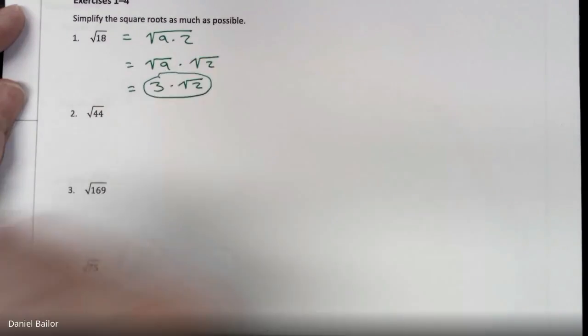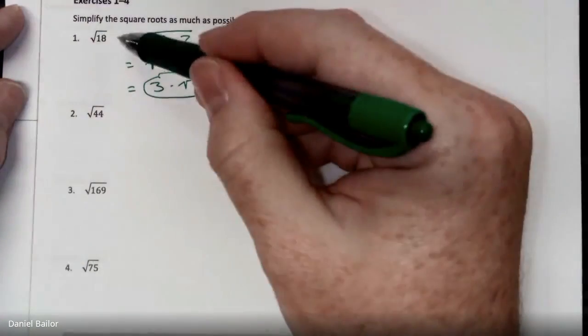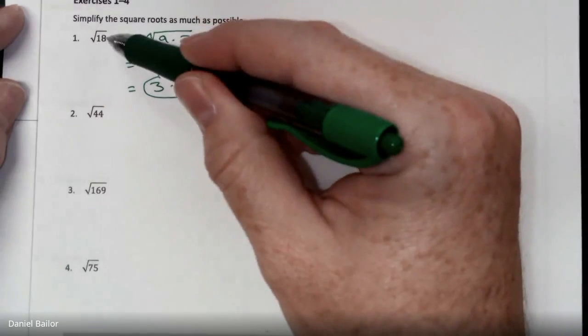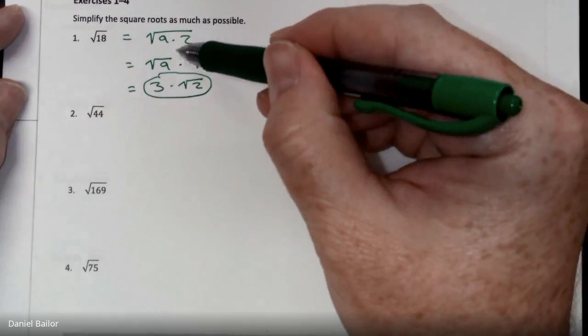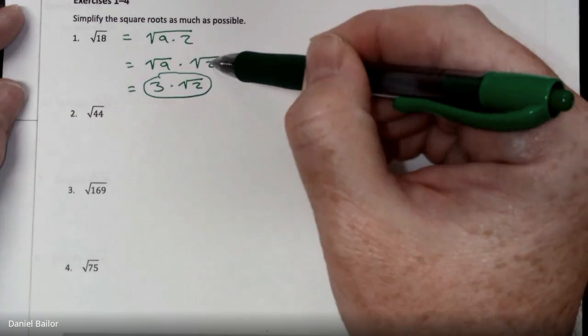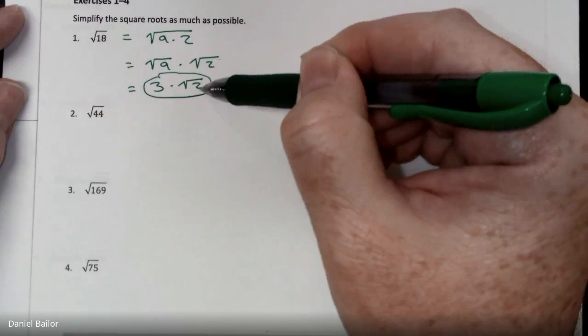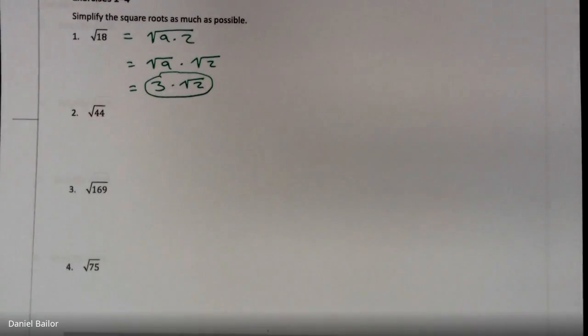The 9 and the 2 split because those are factors of the product 18. I solve the square root of 9, and I just keep the other one, and it's simplified. It's not solved all the way, but it is simplified.